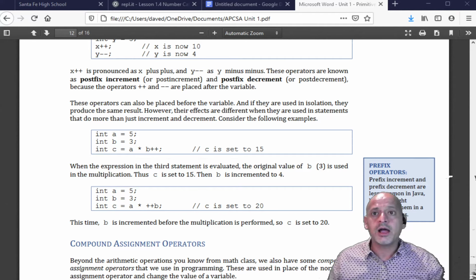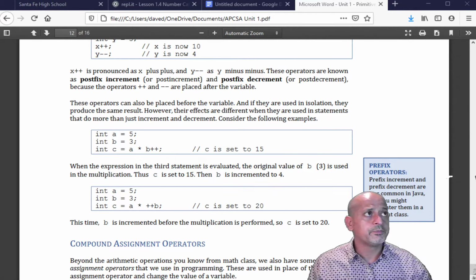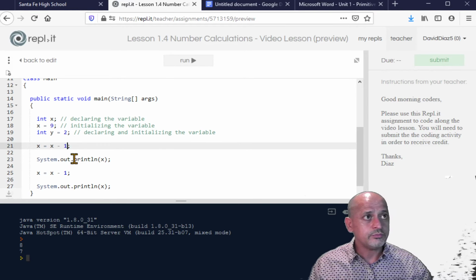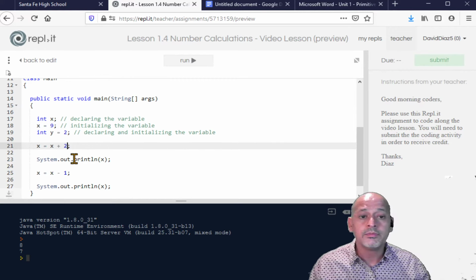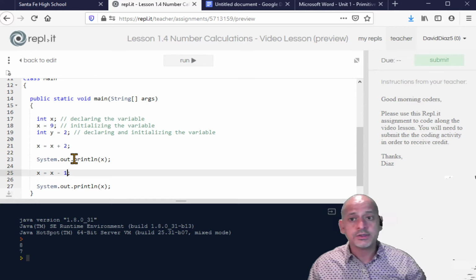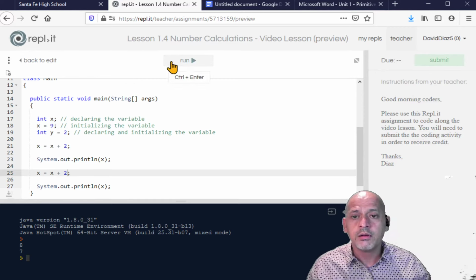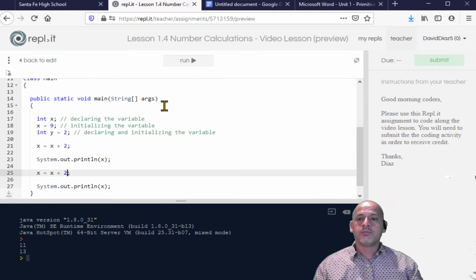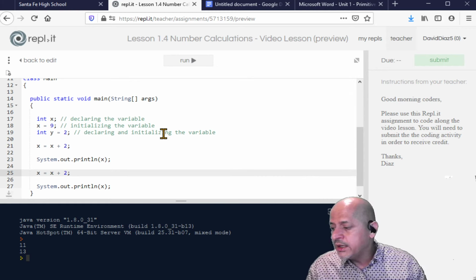Now we also have compound assignment operators. We can also add, if we want to do plus 2, and plus 2. Notice that we have an 11, then a 13.